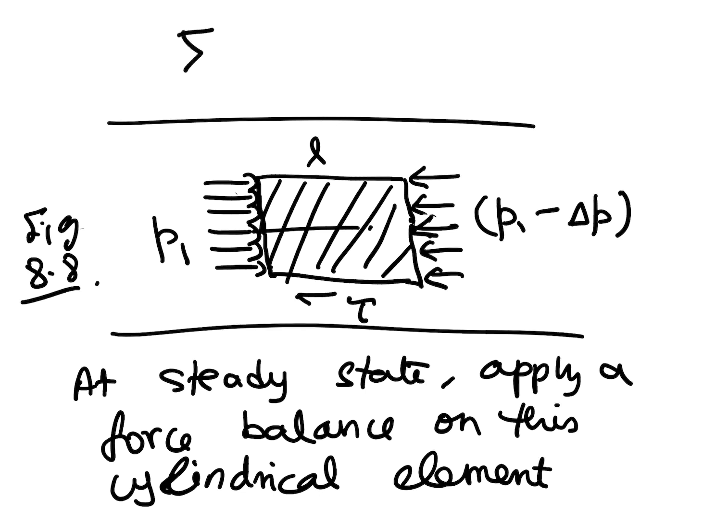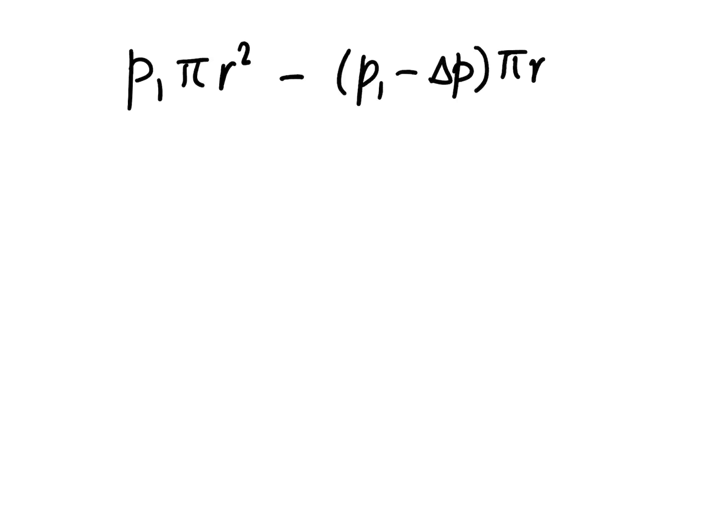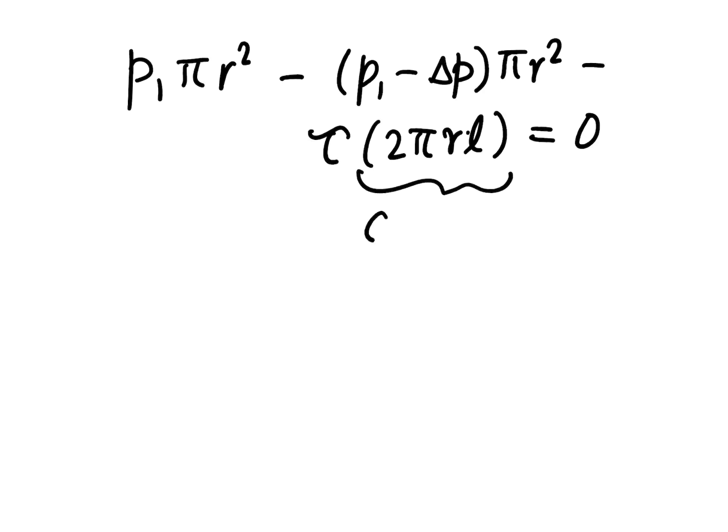The sum of all the forces acting to the left must balance the sum of all the forces that act to the right. So I can write P1 times pi r squared minus P1 minus delta P times pi r squared minus tau times 2 pi rL equals 0, 2 pi rL being the curved surface area of the cylinder and pi r squared being the cross section area.